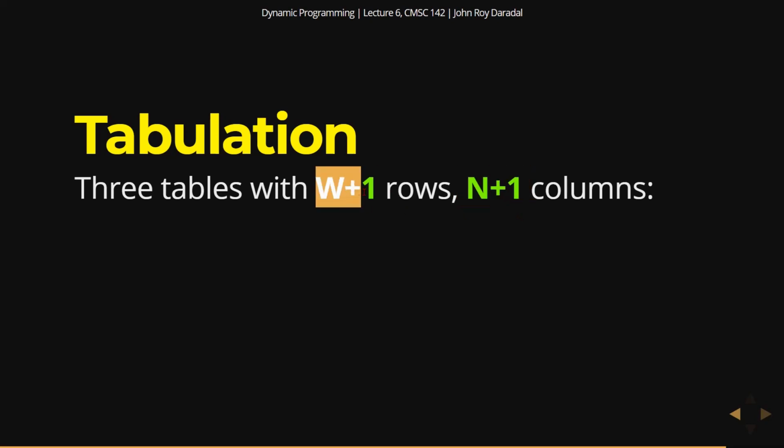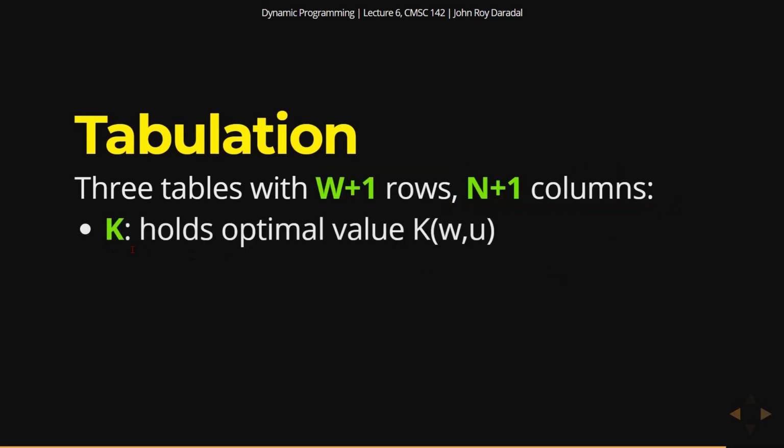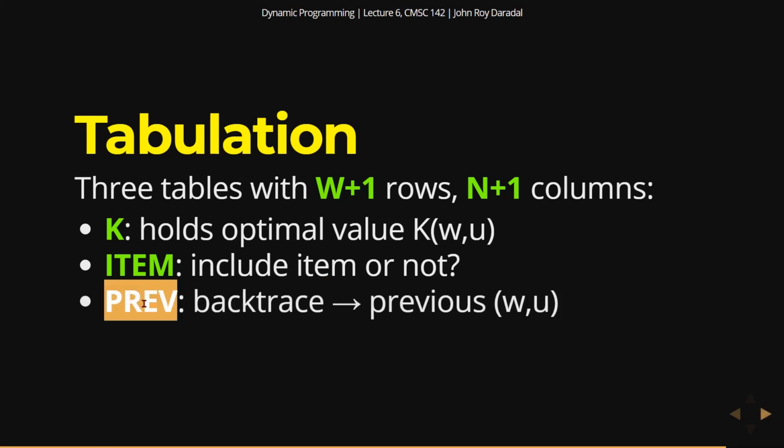So we have the capacities at the rows and then the items at the columns. So we'll name these tables K, that would hold the optimal value for K of w, u. Item would tell us whether to include the item or not, and then the previous would be used for the backtrace, so it's the previous w, u coordinate.